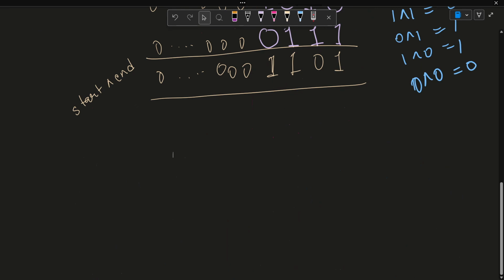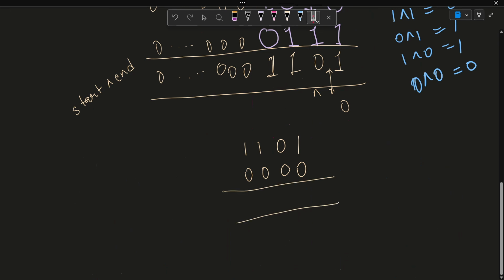Now figuring out the number of set bits: what you do is you take the value and perform an AND operation with 1, and if the answer is 1, you increase the counter by 1. So let's say 1 1 0 1, and I take the AND with 1.